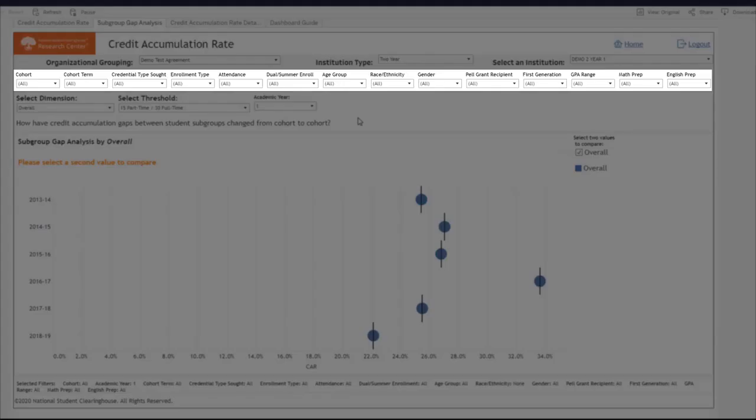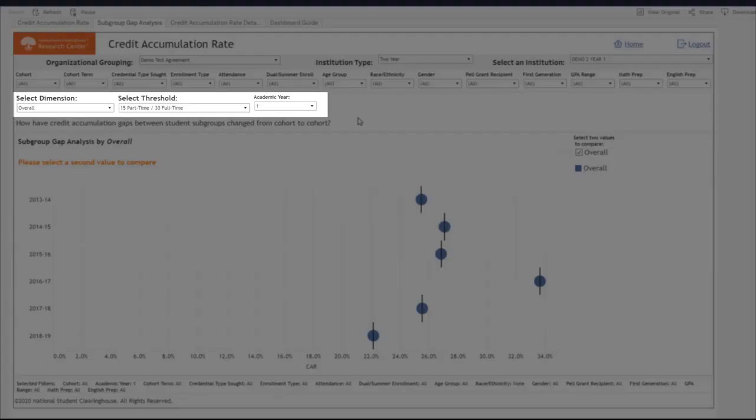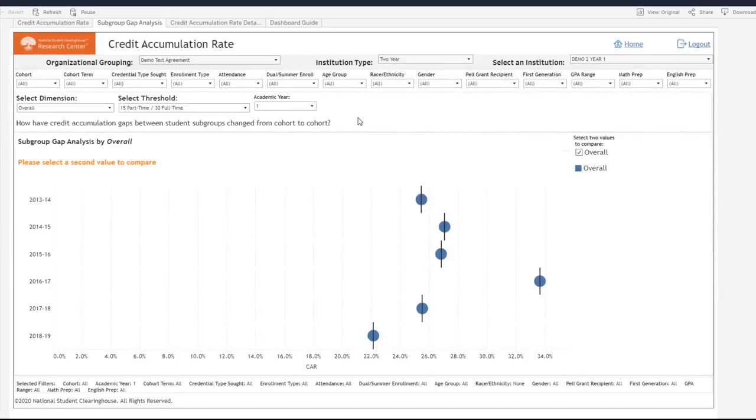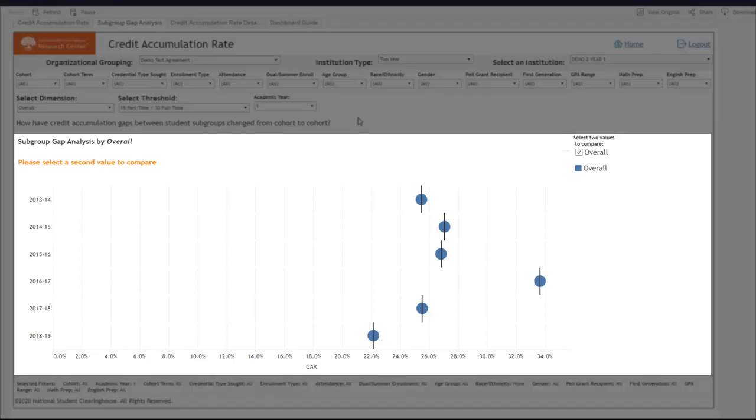At the top, we find the same global filters as the main dashboard. Below the filters, we find the dashboard dimensions and any unique filters that our dashboard had. For the credit accumulation rate dashboard, there are 2 unique filters: credit threshold and academic year. Below the dimensions and unique dashboard filters, we find the reporting section.